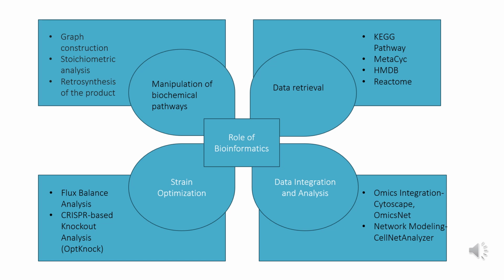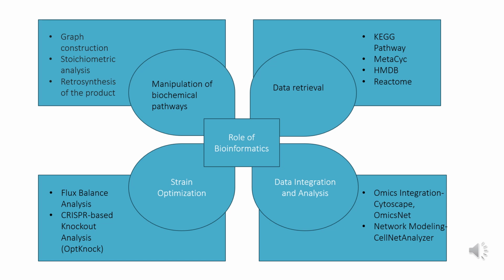It predicts the impact of genetic changes on metabolic fluxes. Another one is CRISPR based knockout analysis. It predicts the target sites for CRISPR editing. One example is the optimization of E. coli strains for lactic acid production by knocking out the competing pathways.